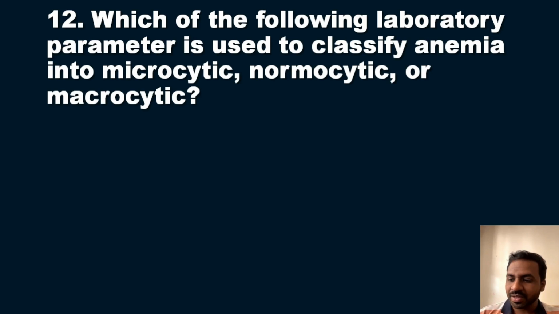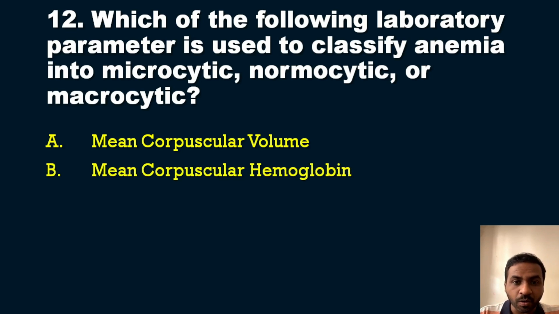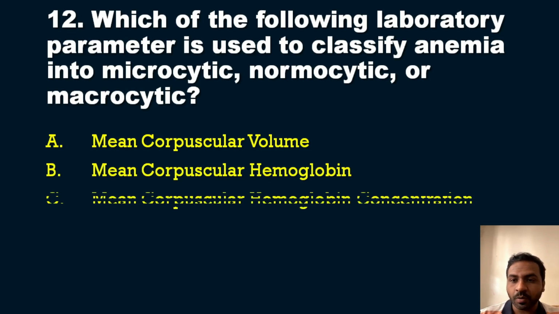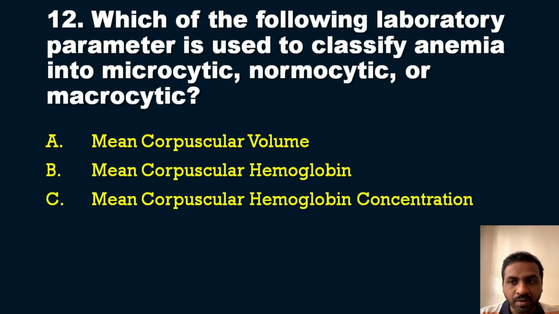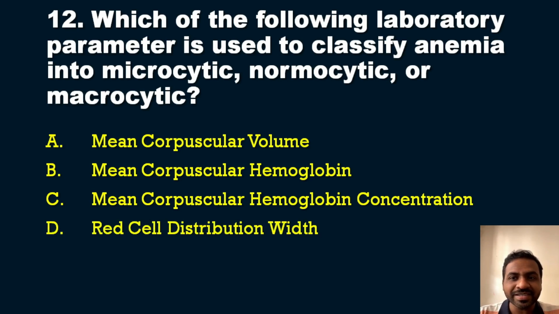The options for you are option A, mean corpuscular volume; option B, mean corpuscular hemoglobin; option C, mean corpuscular hemoglobin concentration; and the final option is red cell distribution width. Slightly confusing. You should understand what mean corpuscular volume, mean corpuscular hemoglobin concentration, and red cell distribution width are. Then only can you answer this question.